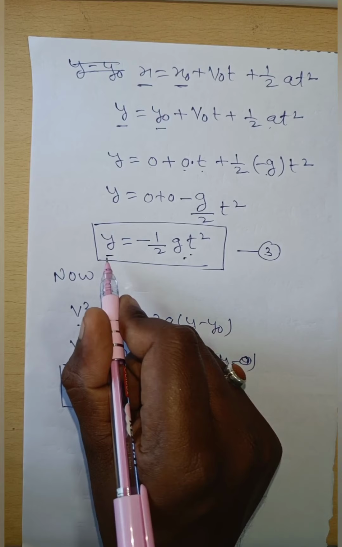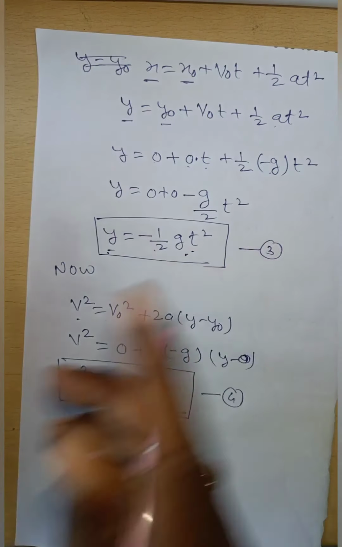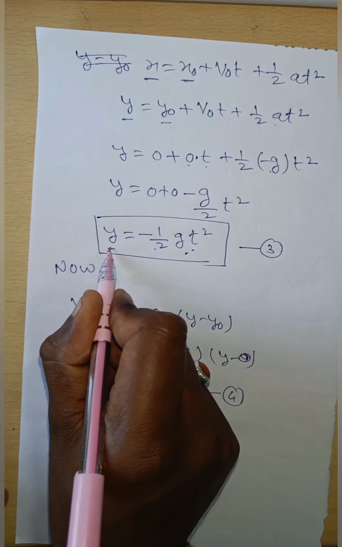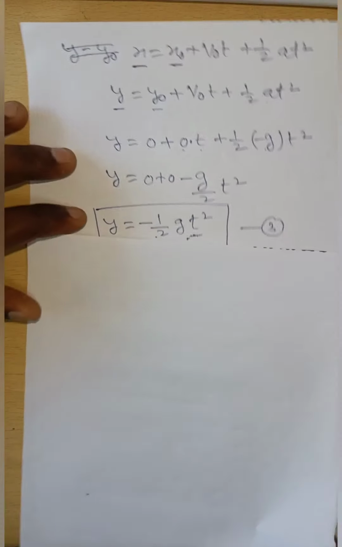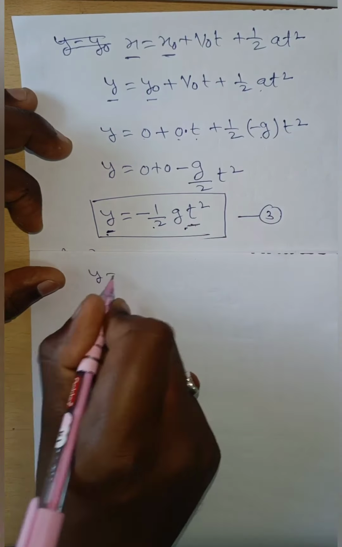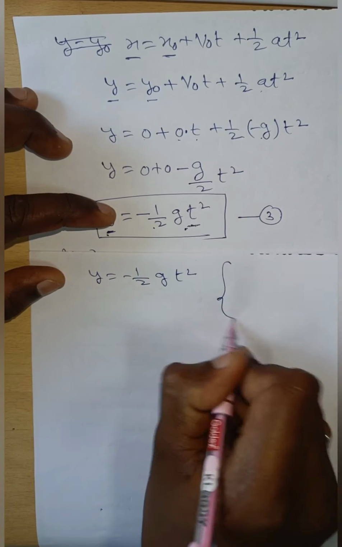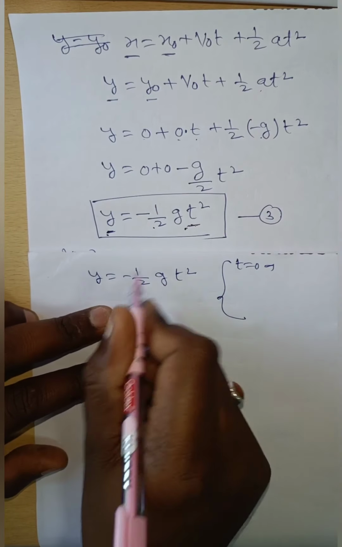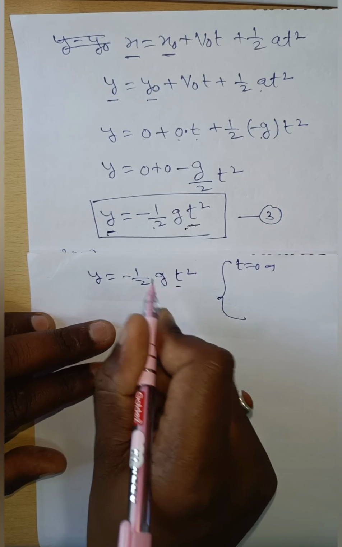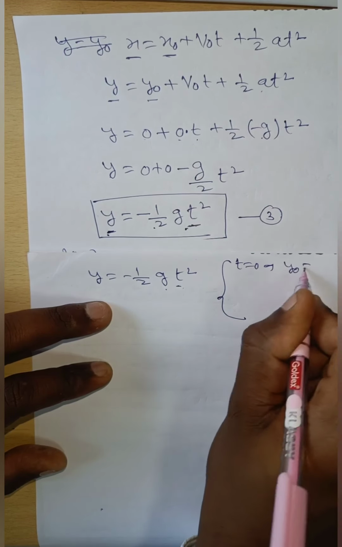Using the equation y is equal to minus half g t square, we get the graph between displacement and time. Now if we put time t equal to 0, we get minus half into g into 0, that is y0 is 0.